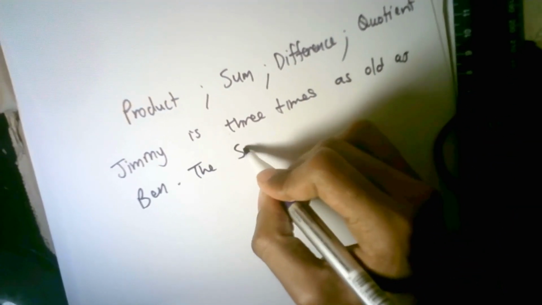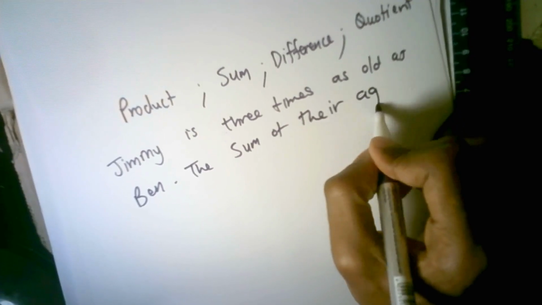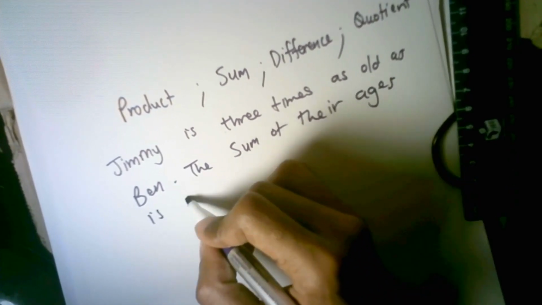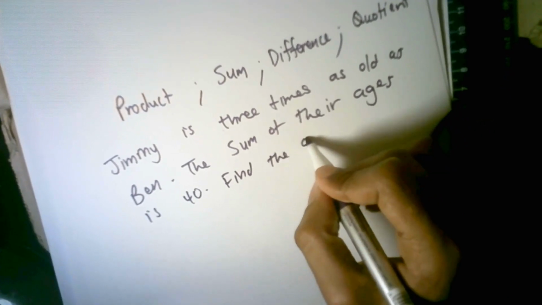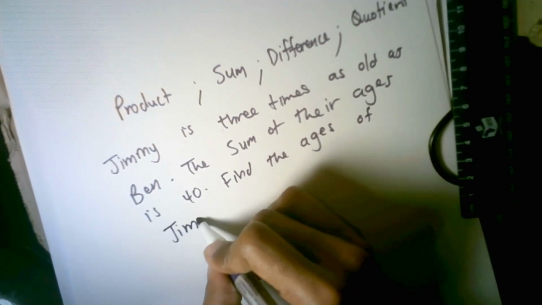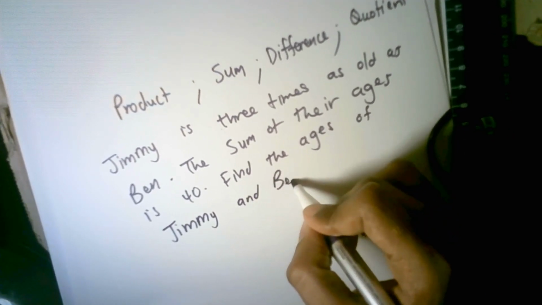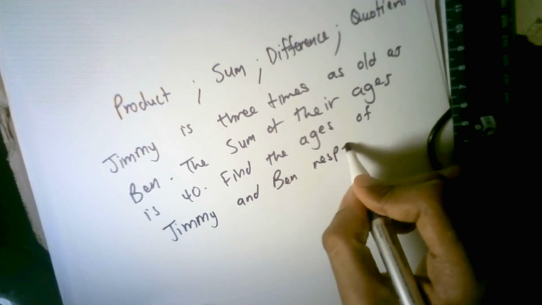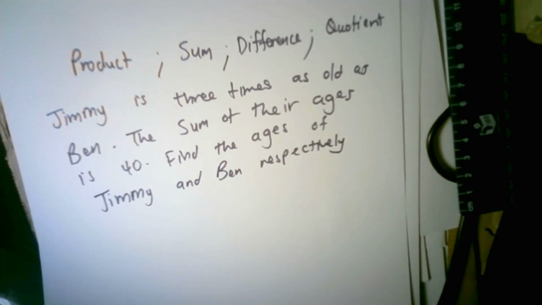The sum of their ages is 40. Find the ages of Jimmy and Ben respectively. Right, okay, so I just quickly wrote the problem.